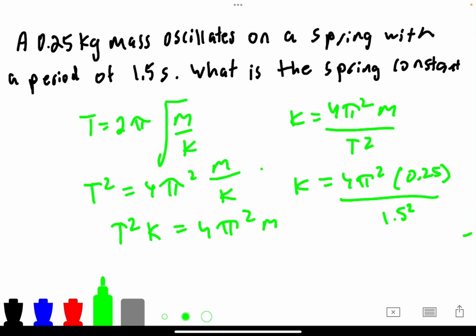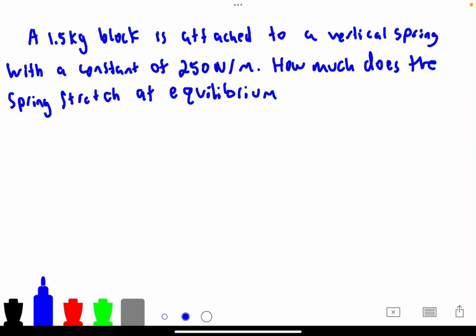And that is going to be roughly, K is equal to around 4.39 newtons per meter.